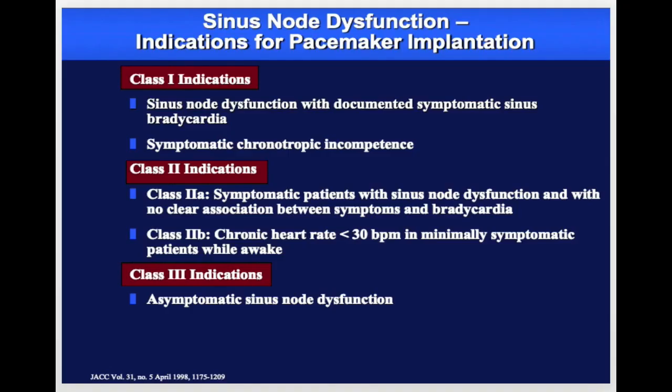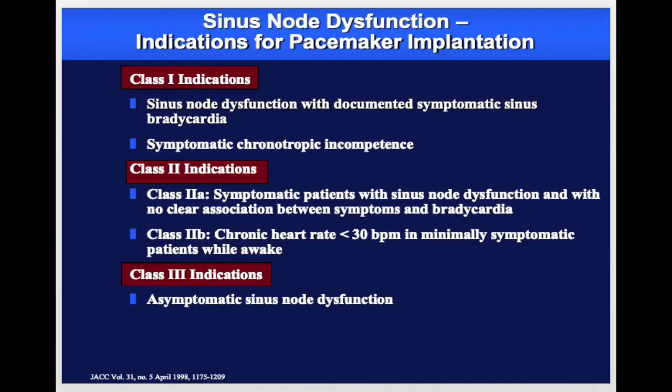Class 1 indications include documented symptomatic sinus bradycardia, including frequent sinus pauses that produce symptoms, which may be due to long-term therapy of a type and dose for which there are no acceptable alternatives. Also symptomatic chronotropic incompetence of the sinus node.